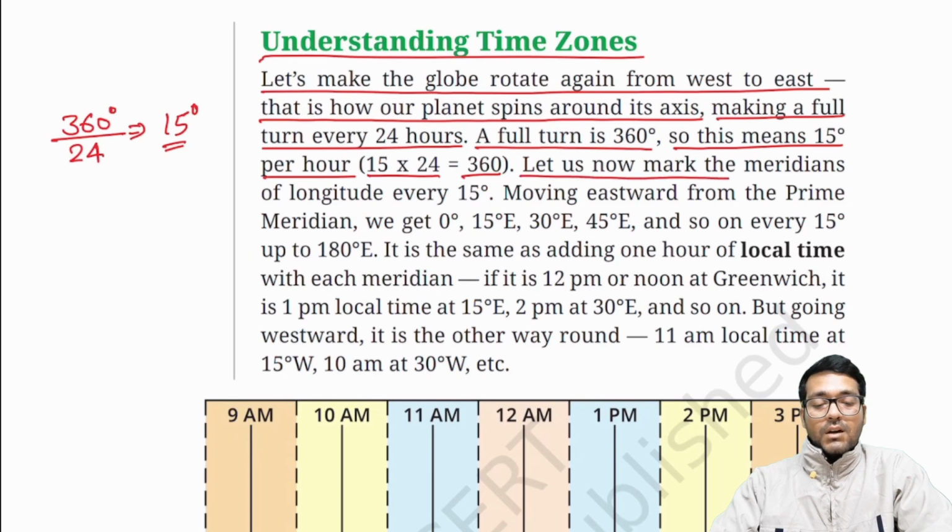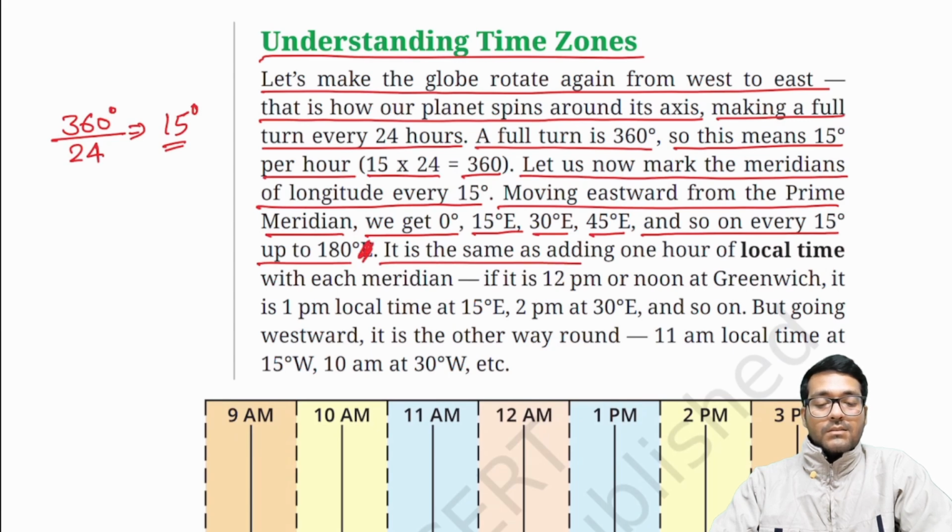Let us now mark the meridians of longitude every 15 degree. Moving eastward from the prime meridian, we get 0 degree, 15 degree east, 30 degree east, 45 degree east, and so on every 15 degree up to 180 degree. It is the same as adding 1 hour of local time with each meridian.